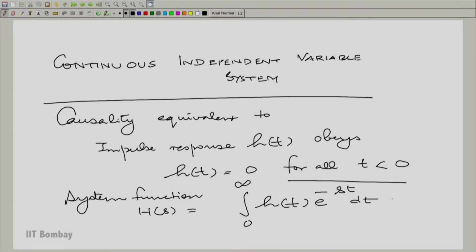Now, what are the kinds of regions of convergence that you have in the Laplace transform? They are bounded by vertical lines in the S plane.